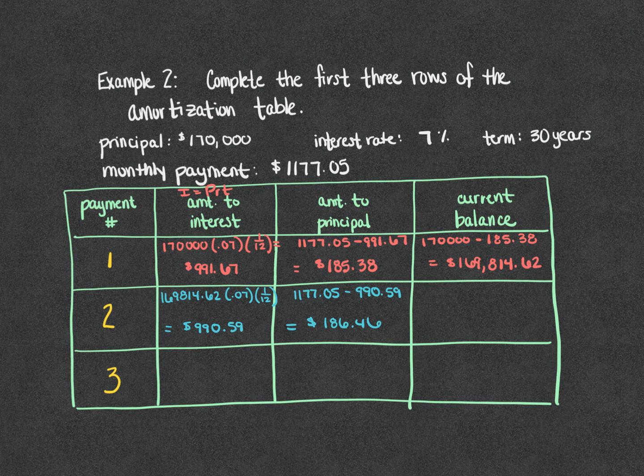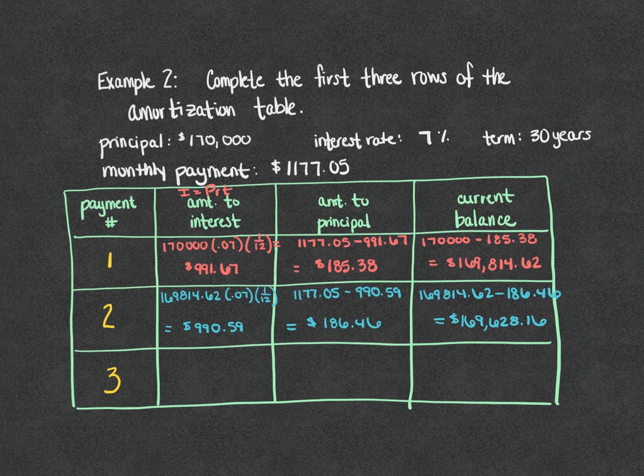And so in order to find the balance going into month 3, we're going to take the balance from the previous month and subtract that $186.46. And after our second month of paying for our mortgage, we owe $169,628.16.